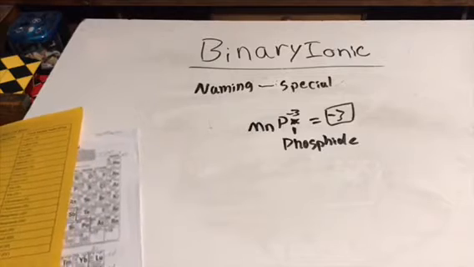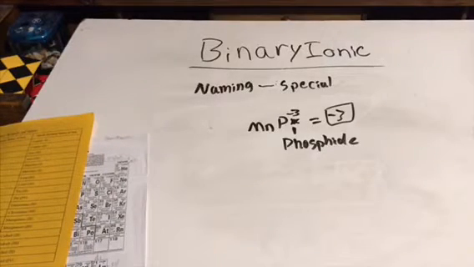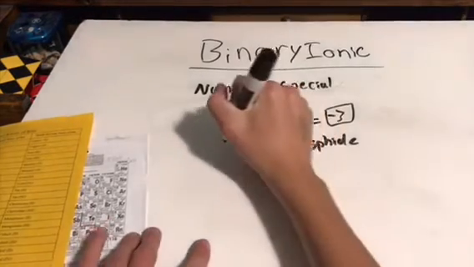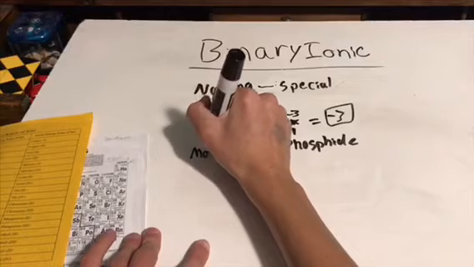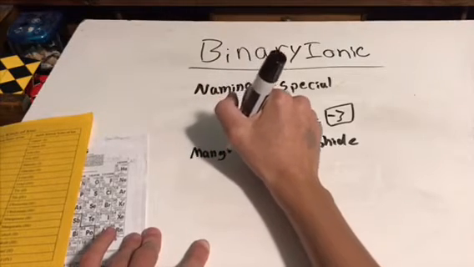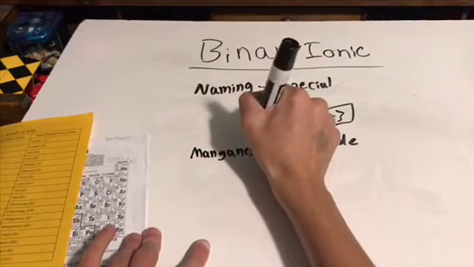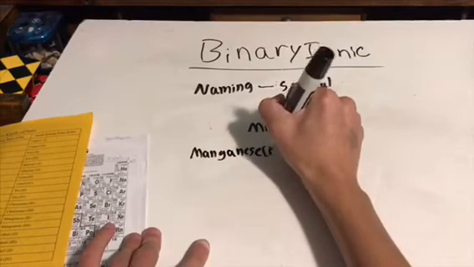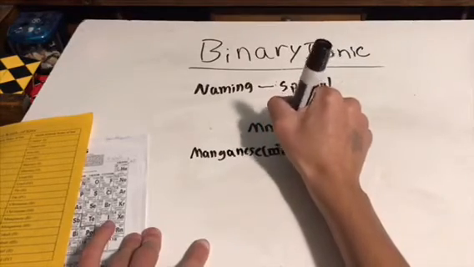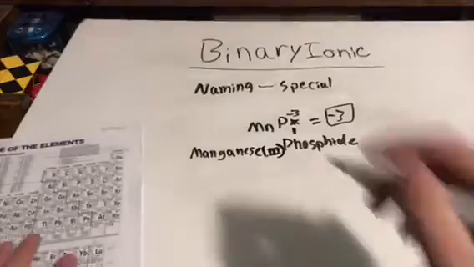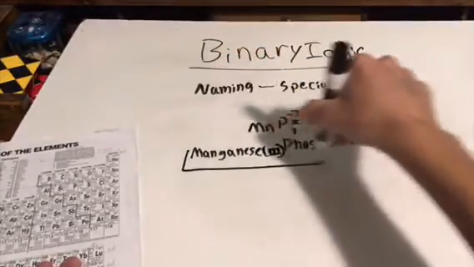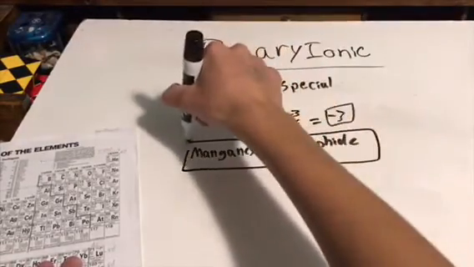All the namings for these special names is just the element plus its charge in parentheses. So you would write manganese, that's charge 3, phosphide. So that is the name of this compound.